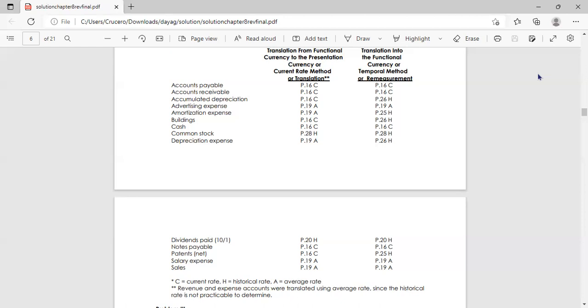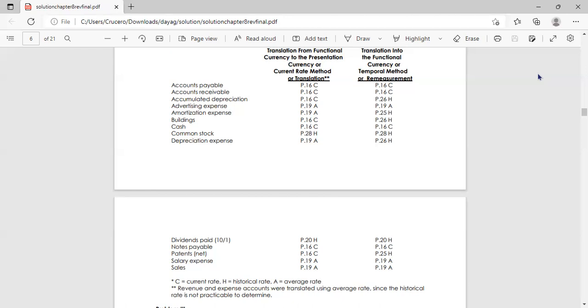Next is patents. So how do we assign rates to the patents? Patents are non-monetary. Under method 1, we use the current or the closing rate.